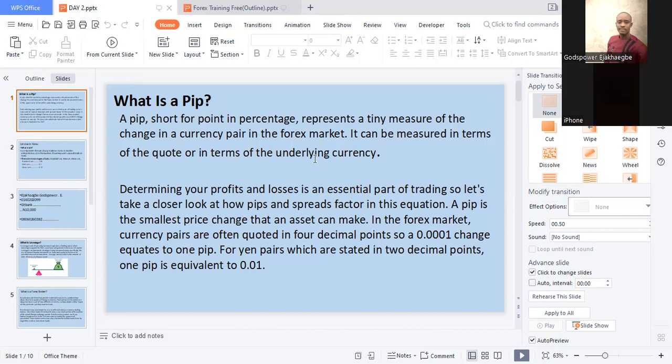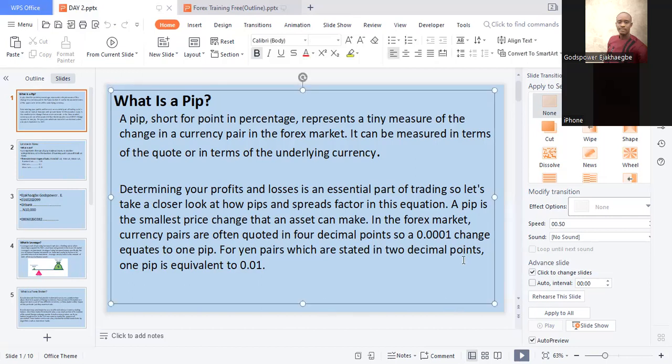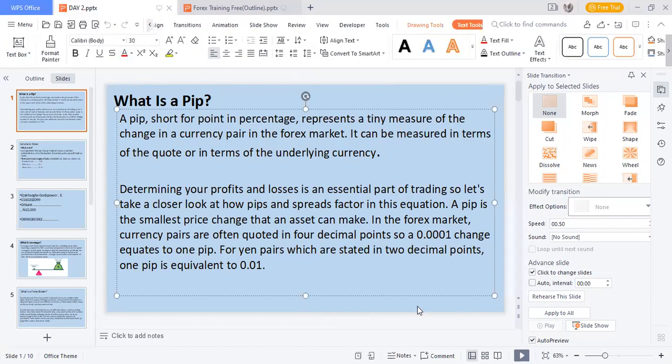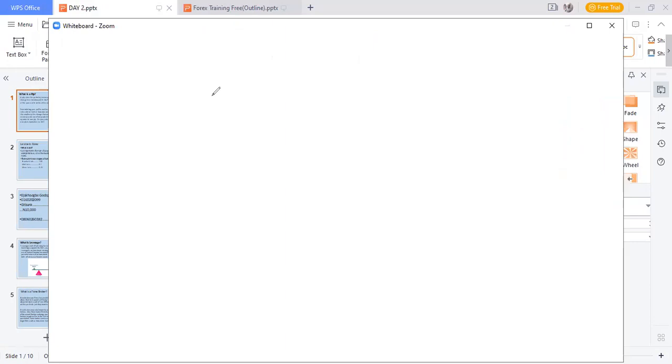Now, this is the simple calculation for pips. Coming to my board, a pip is actually a simple analysis, which is 1 over 10,000.